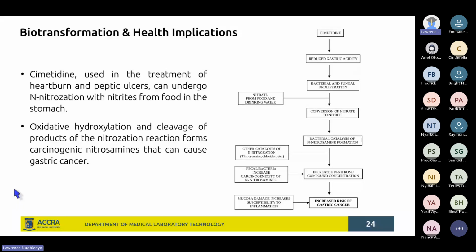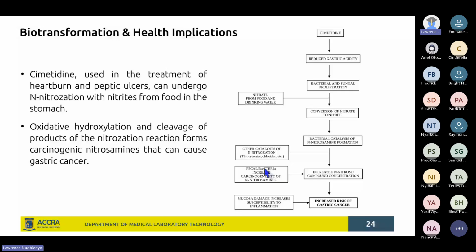And when that happens, you have food containing nitrates, even drinking water, some beverages, and you have this growth of bacteria and fungi now converting these nitrates into nitrites. And with further bacterial action on these nitrites, there is now the formation of what we refer to as nitrosamines.